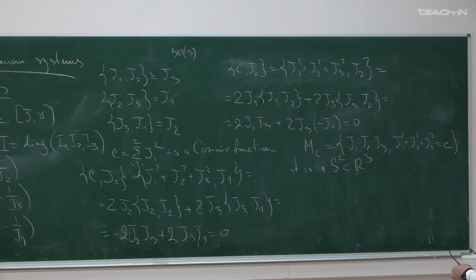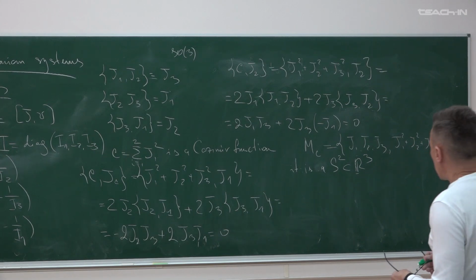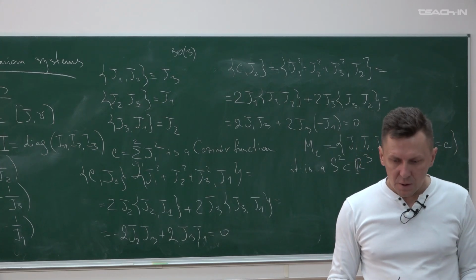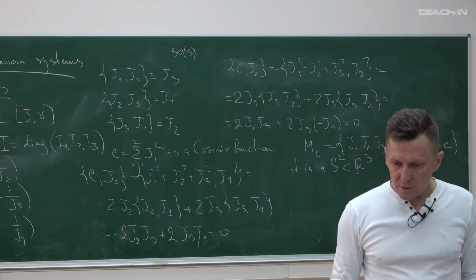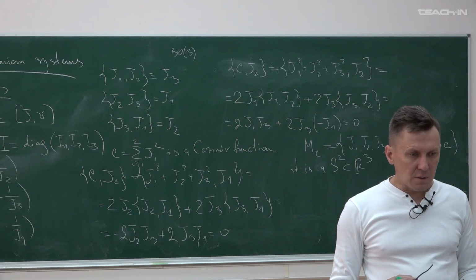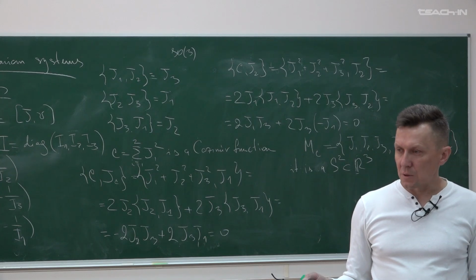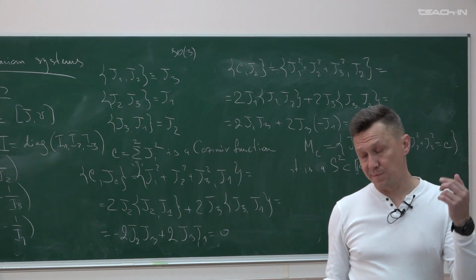So the Poisson structure could be degenerate, and if so, it is trivial because the dimension of this space is 2.